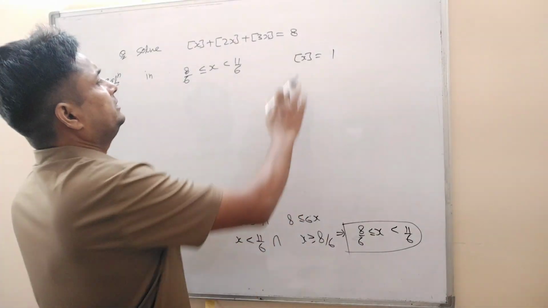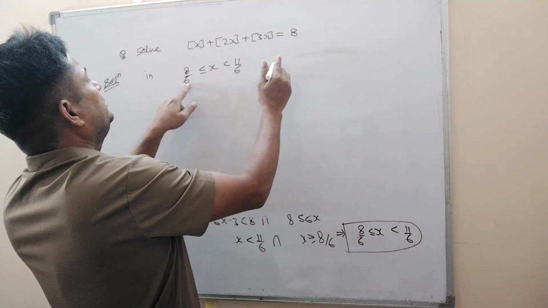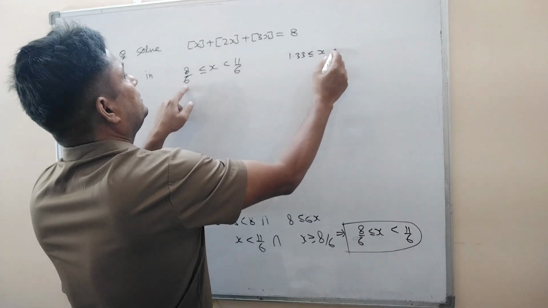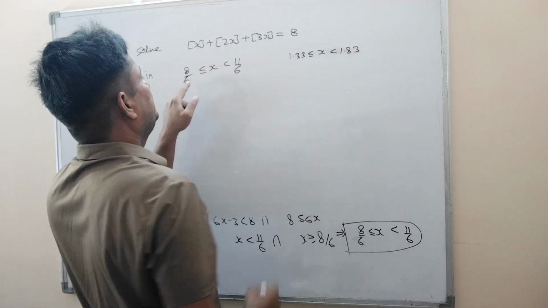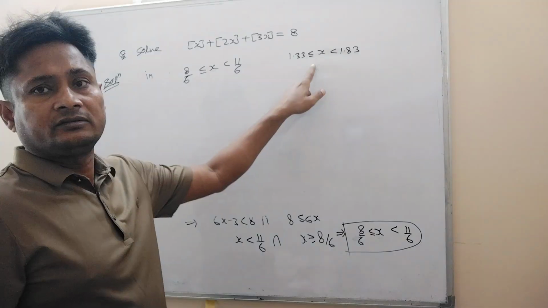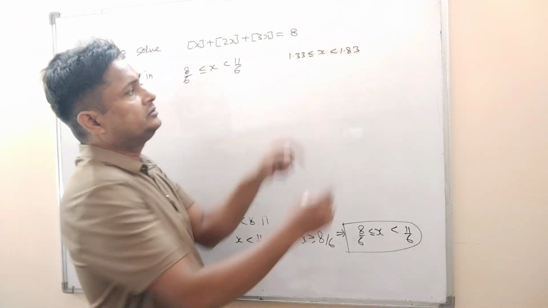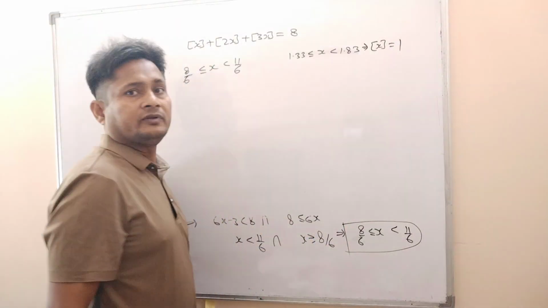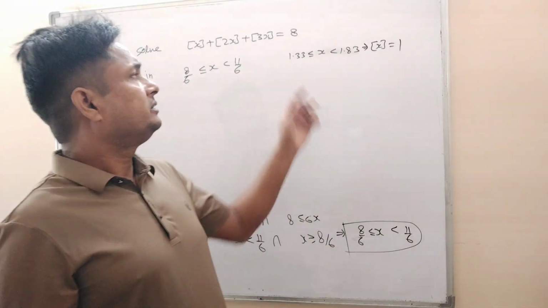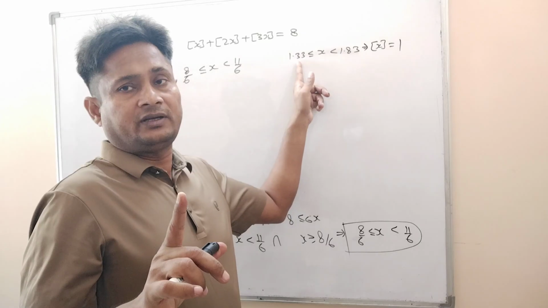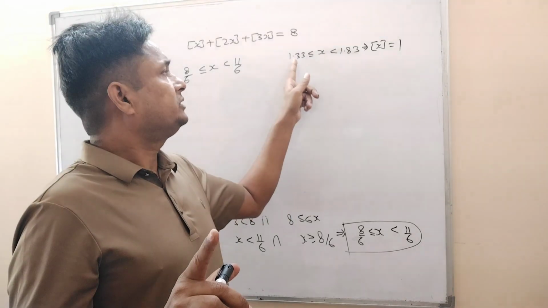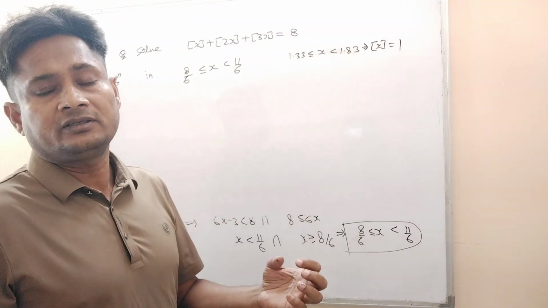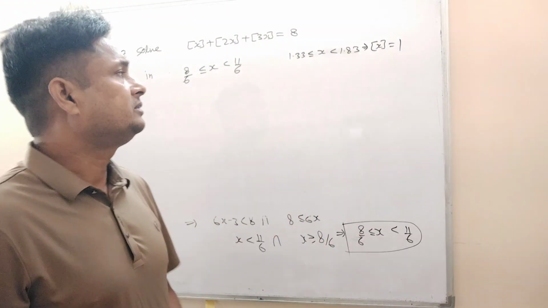If you find this value, it is 1.33, and this value is 1.83. Any value which lies between 1.33 and 1.83, if you take the greatest integer, it will give 1, right?